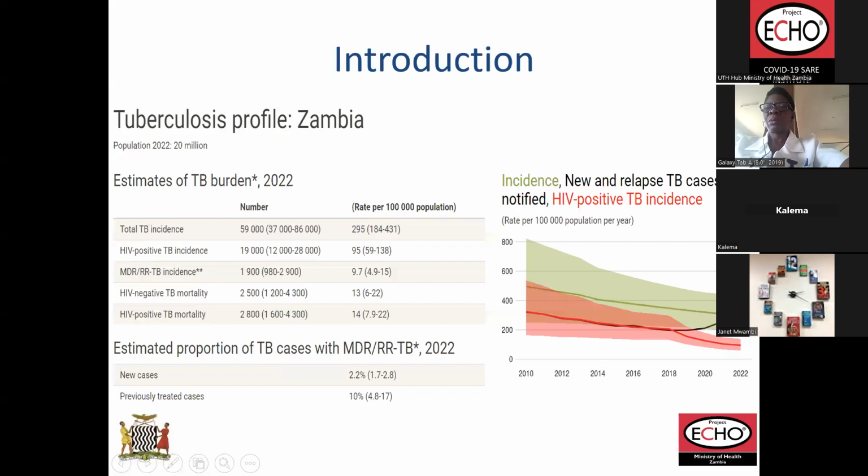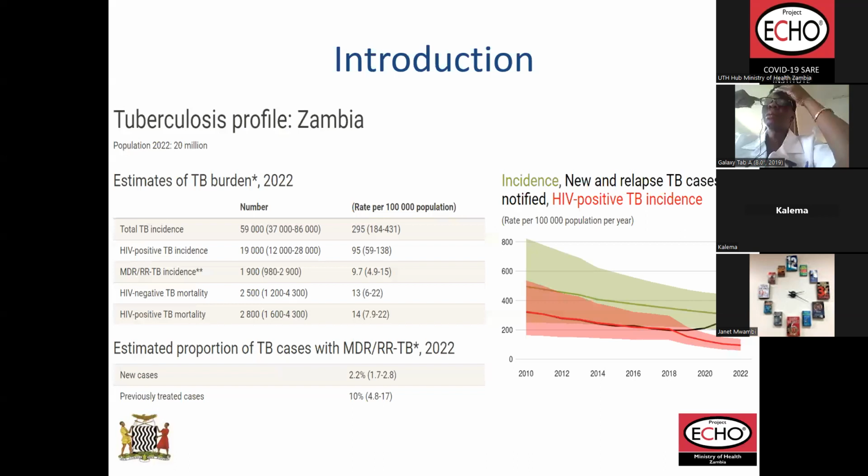But what I want to bring out is that year by year, we are always finding new cases, and this is pushing us to a point where we will be able to find our estimated burden. So does it mean TB has ended in Zambia? Again, it calls for us to have a retrospective analysis and also look at the current estimates.